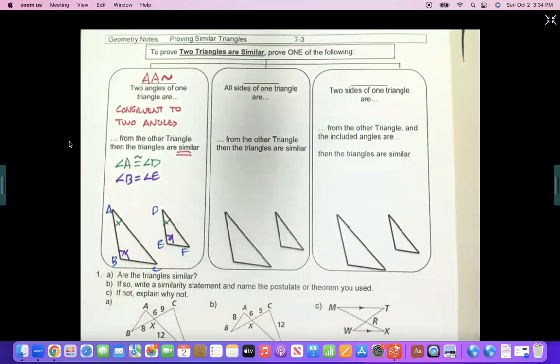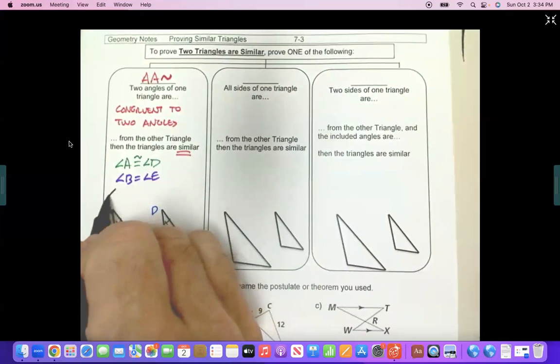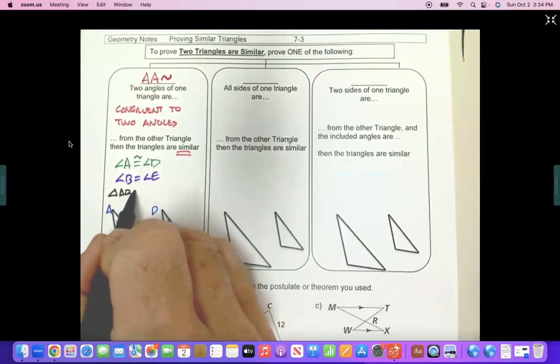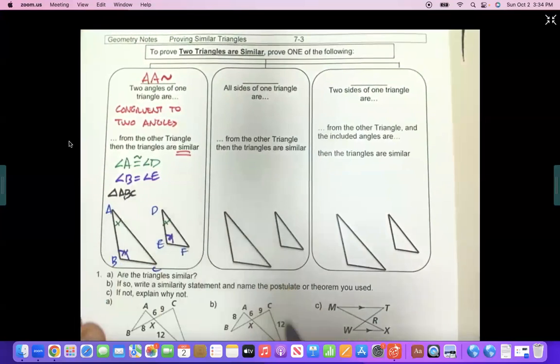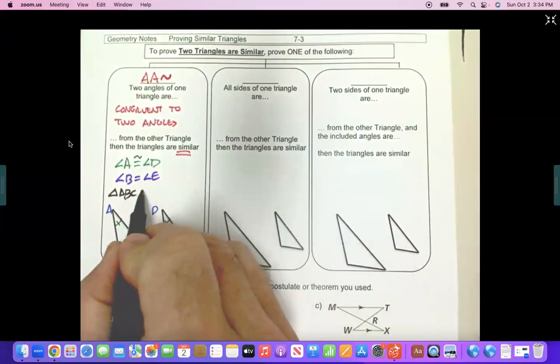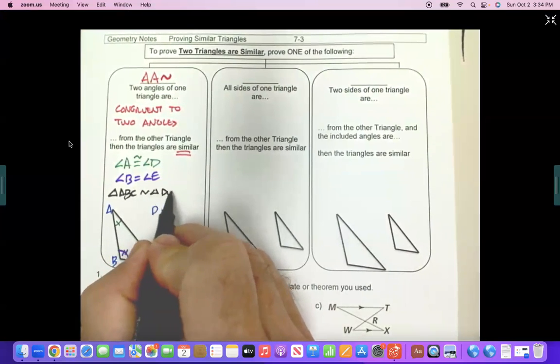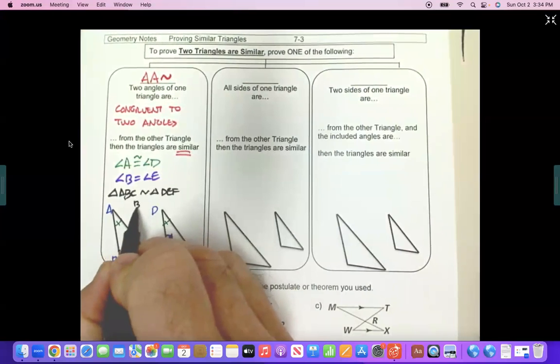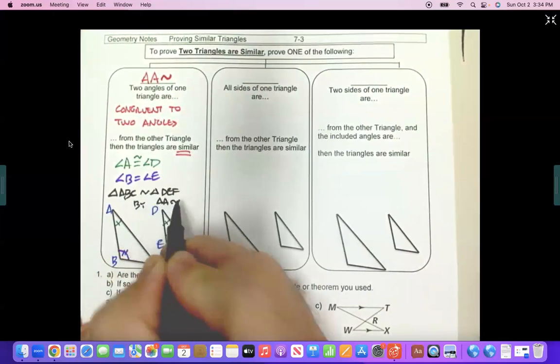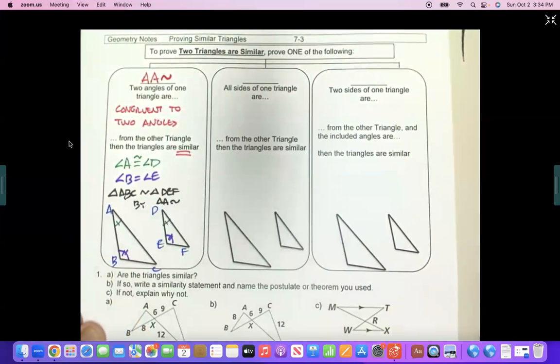Therefore, these two triangles, ABC, I said congruent, I apologize for that, these two triangles are similar. And we would say by the angle-angle similarity theorem.